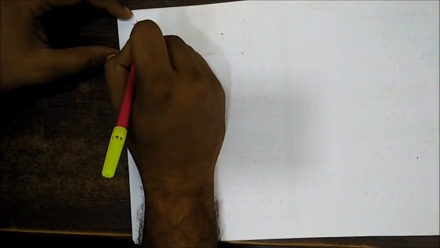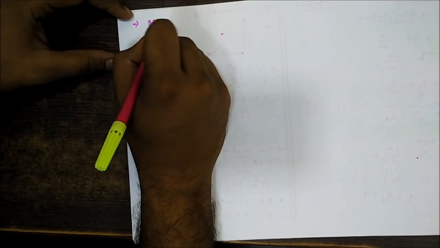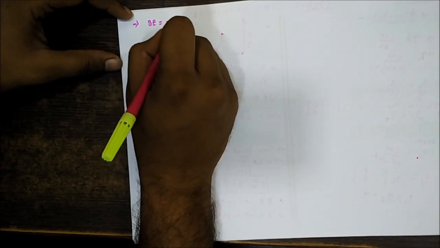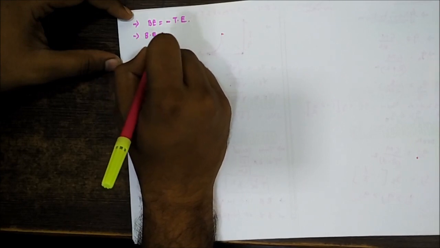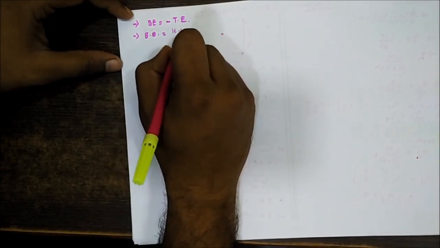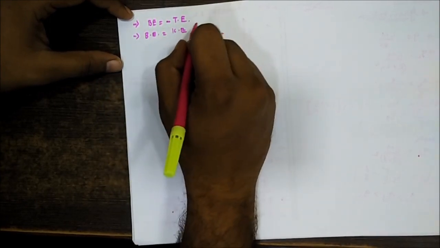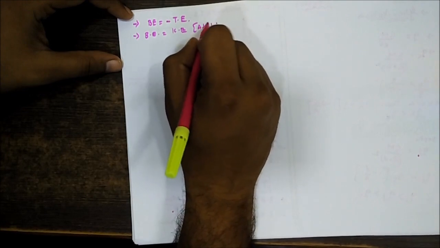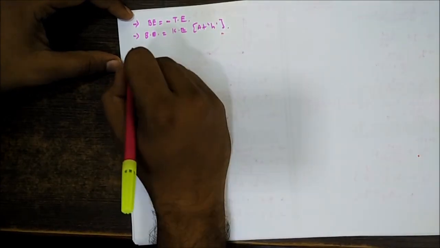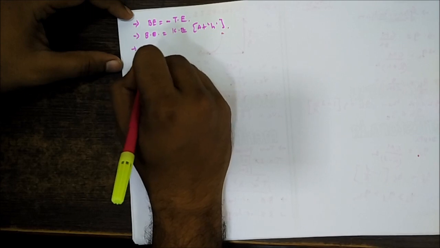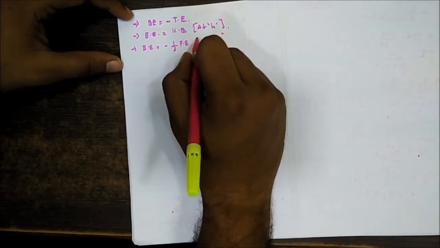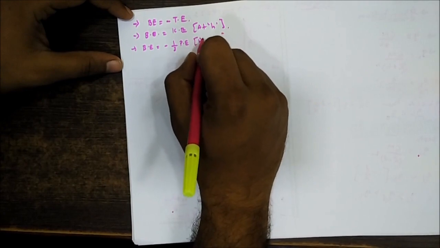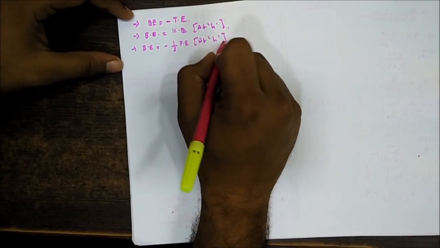Some of the synopsis or theory part which we need to remember is binding energy is equal to negative of total energy. Binding energy is equal to kinetic energy at h. Binding energy is equal to negative of half of potential energy at h.